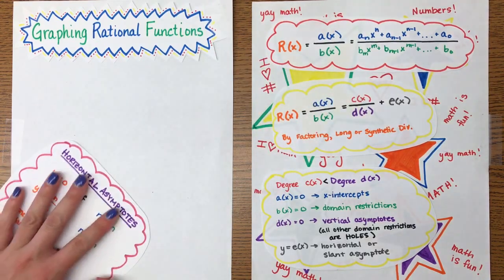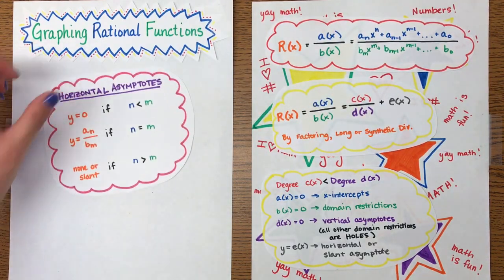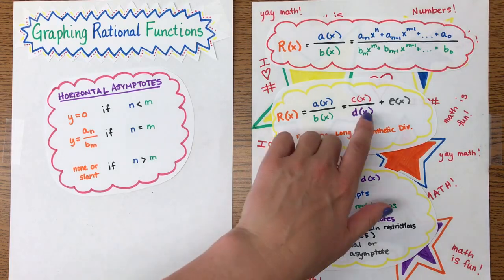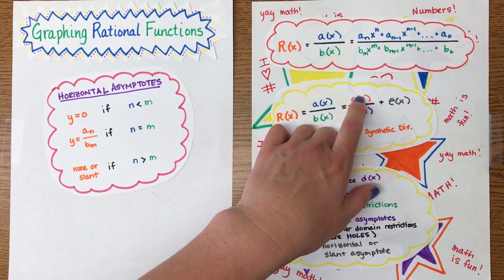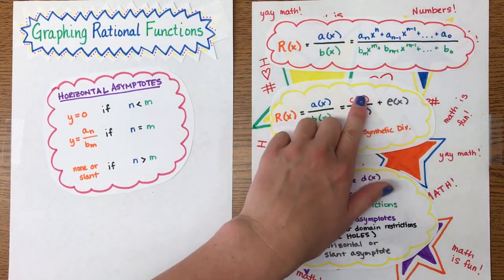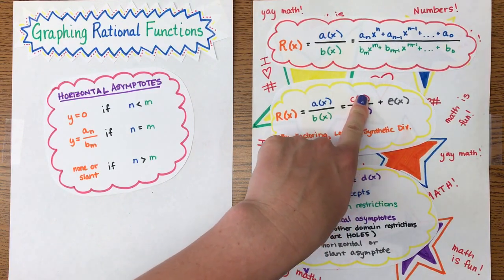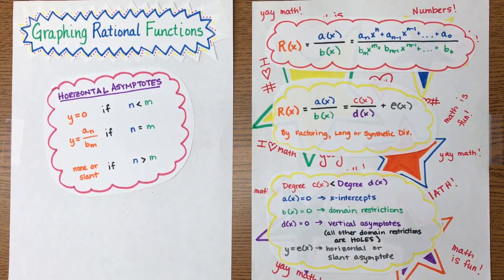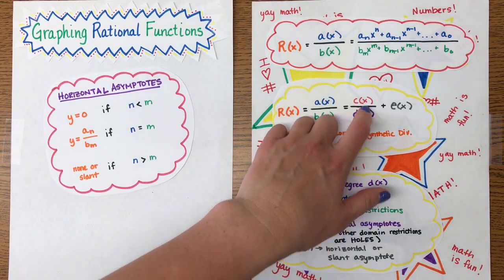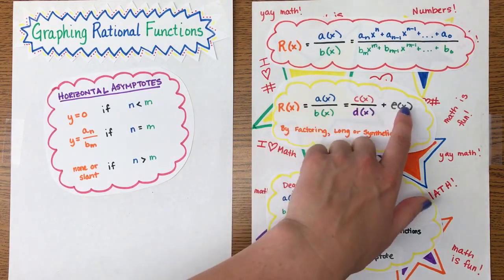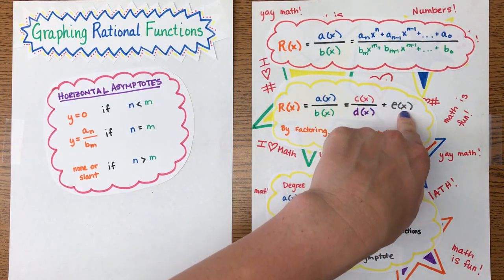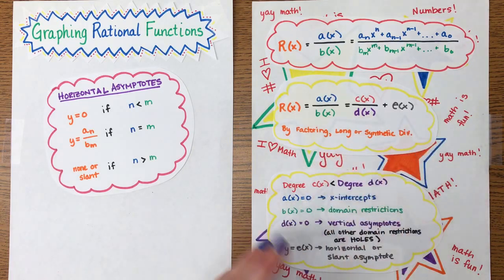When that happens, as x gets bigger and bigger, the denominator gets bigger at a faster rate than the numerator, and this piece will become 0. So when x gets really big positive or really big negative, this ends up being 0. So our graph is going to get closer and closer to whatever is here, that e of x.